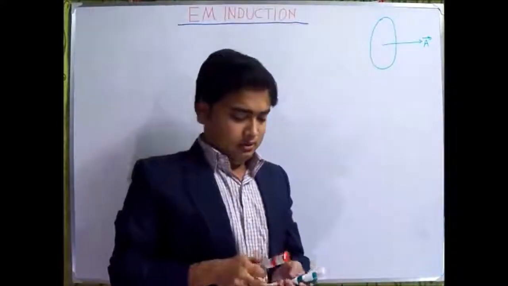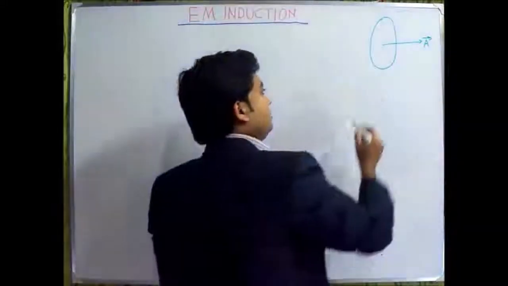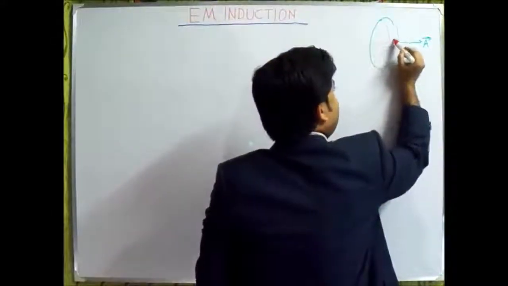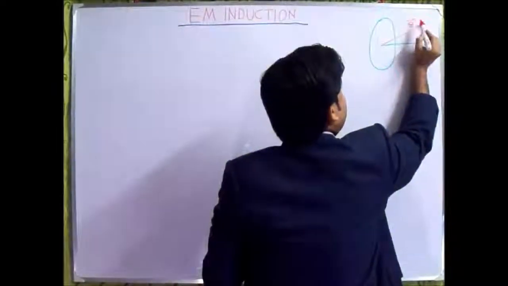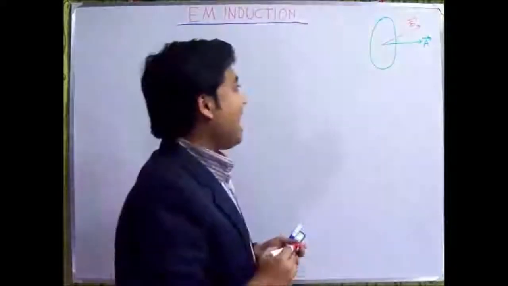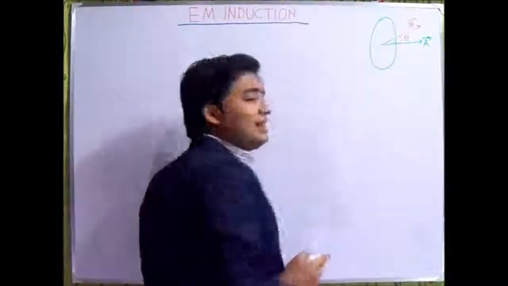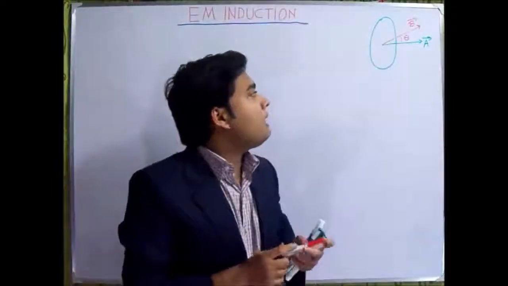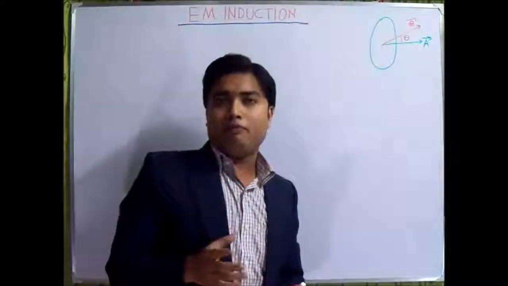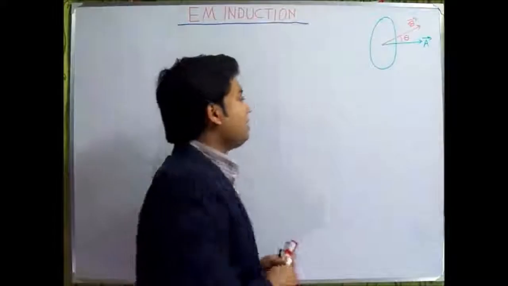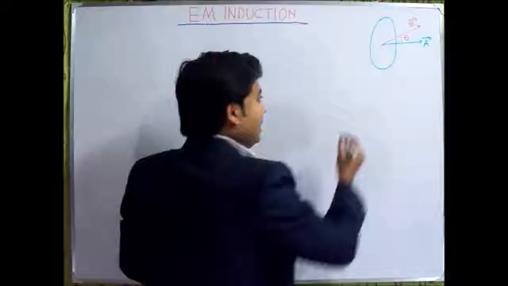Now, for example, a magnetic line of force or magnetic field is acting in such a way that it makes an angle of, say, theta with the vector A. So here comes the concept of magnetic flux, which is denoted by phi.